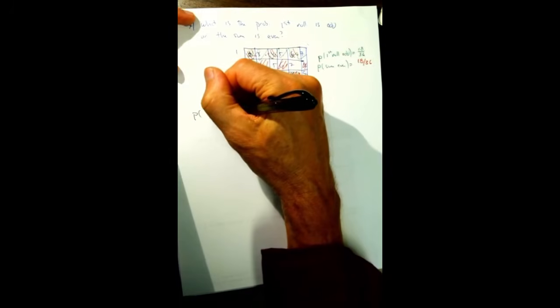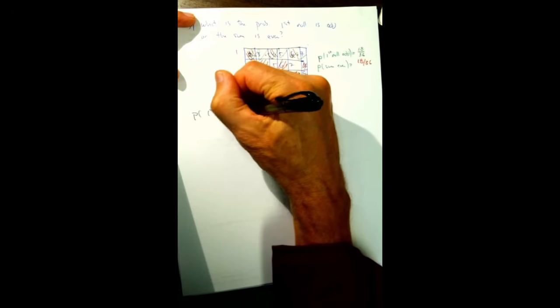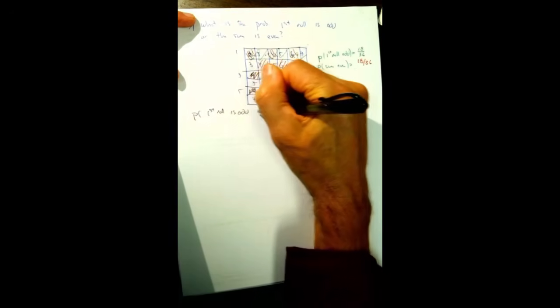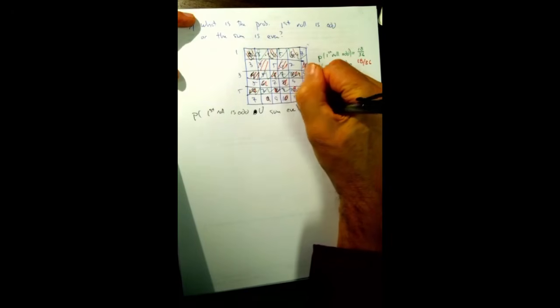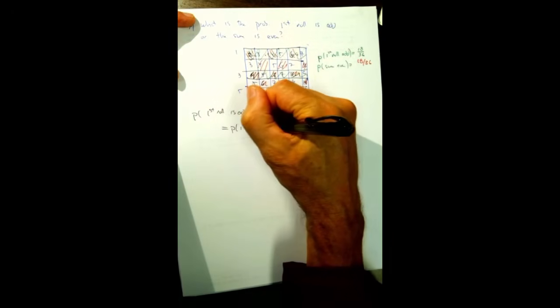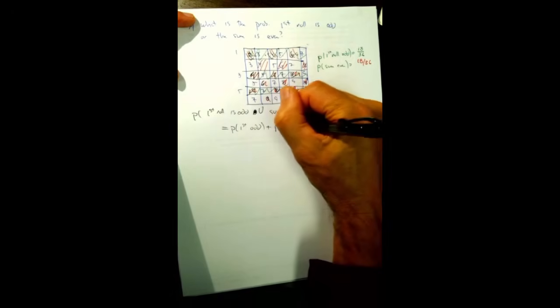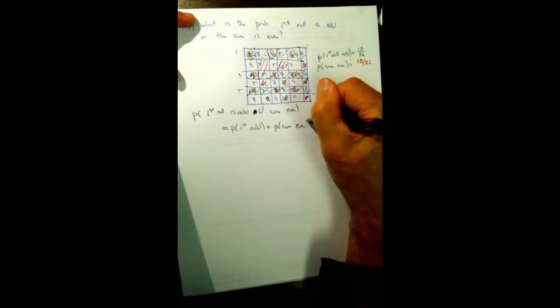So the probability the first roll is odd or the sum is even is going to be the probability the first is odd plus the probability the sum is even minus the probability the first is odd and the sum is even. So how can they both have first odd and the sum even?